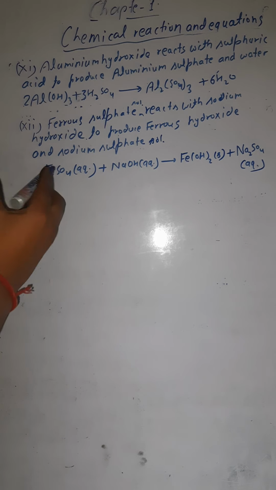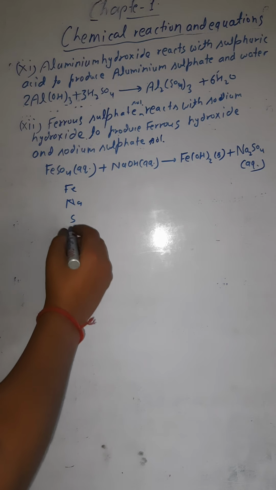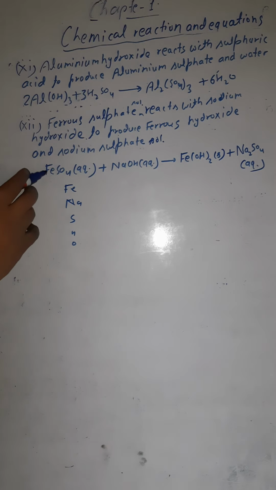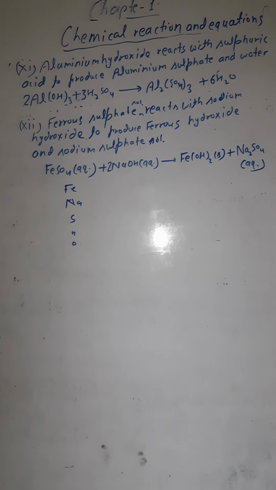Now let's balance this first. If you could see iron here, Fe, one atom. So first we'll balance iron, then we'll balance sodium, then sulfur, then hydrogen, then oxygen. Iron 1 there also. Now sodium, one atom, two atoms, so multiply here by 2.